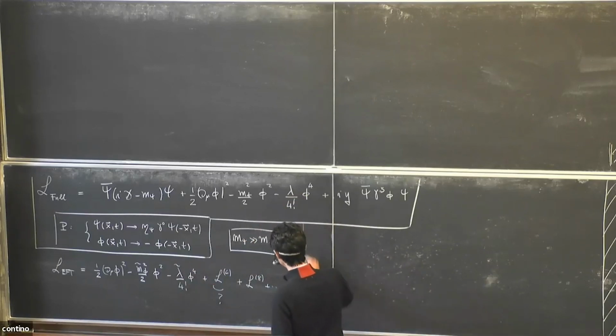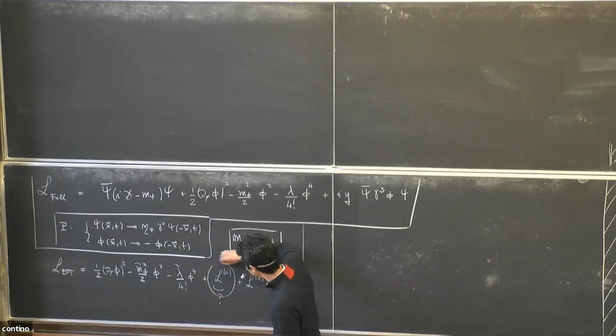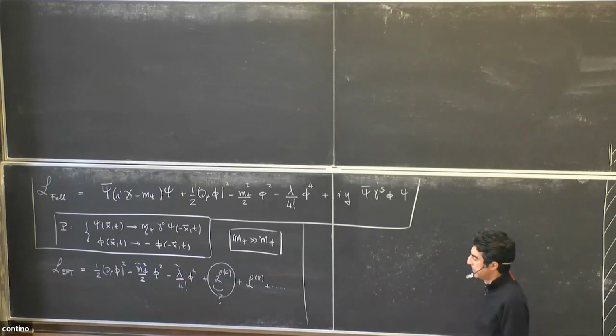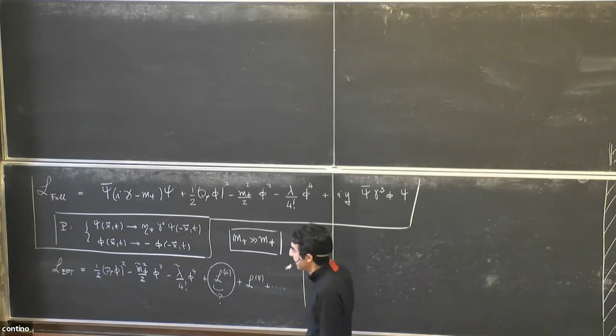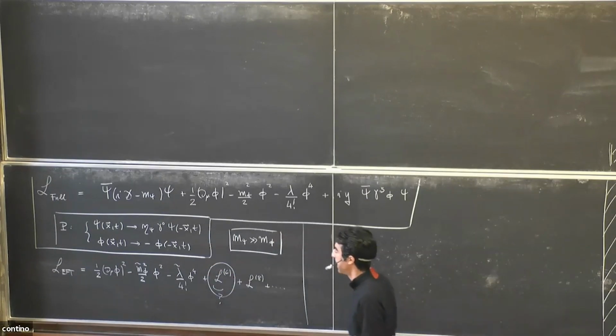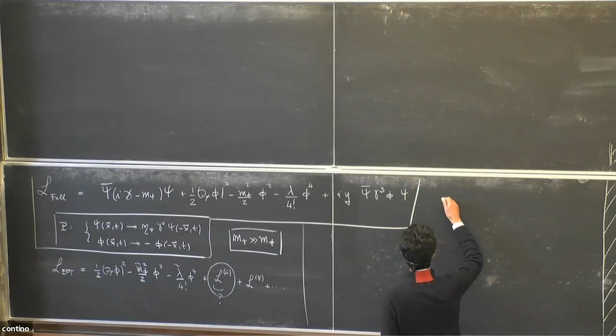So what are the dimension 6 operators? Well, you list all possible operators that have the right quantum numbers. They have to be even with respect to this parity invariance. So for example, there will be one operator.